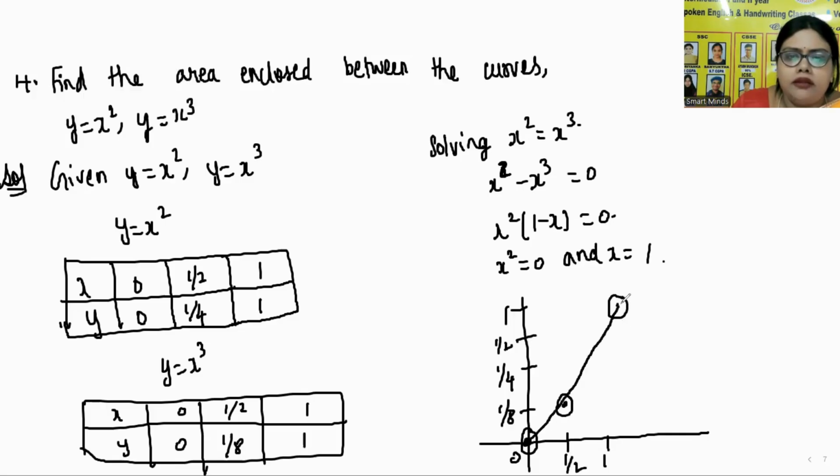So we will get a line like this. Okay. So it meets like this. So again it meets like this. There is a point here also we are getting. So this is the shaded area.